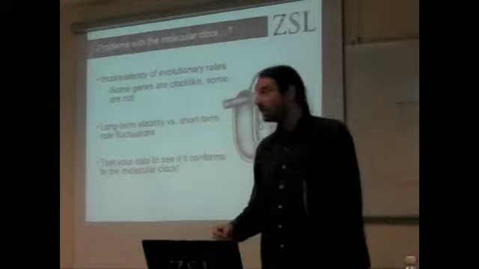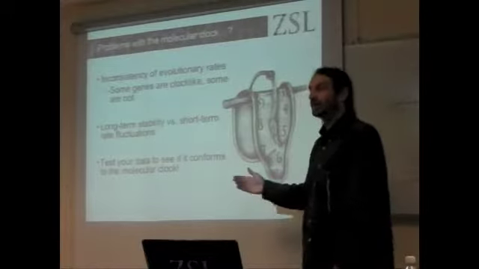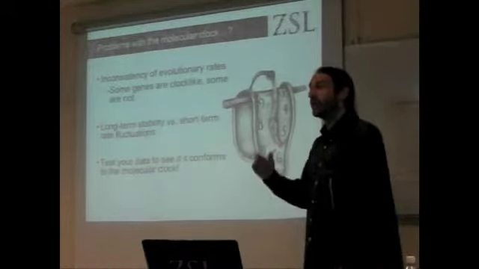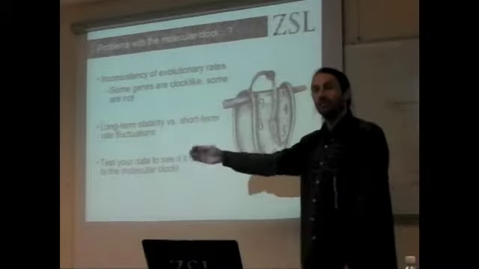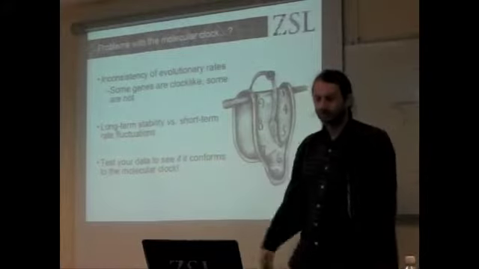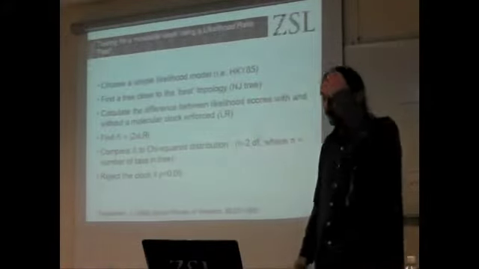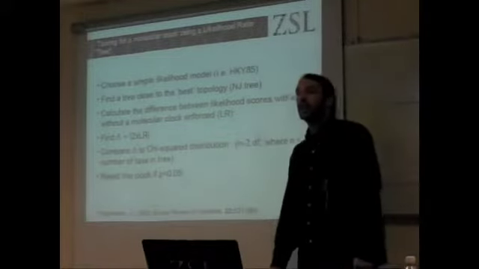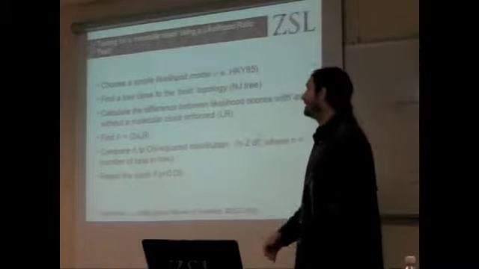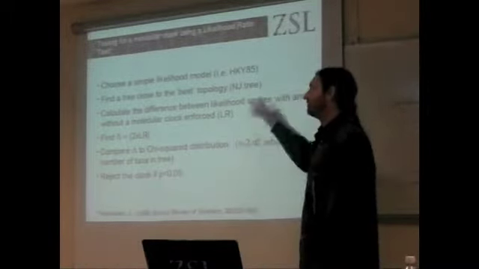Okay, so the first thing that we want to do when we're dating our phylogenies is to see whether our data conforms to this constant mutation rate, which we term the molecular clock. There's a standard methodology to test whether our molecular data conforms to a molecular clock, and this is really standard stuff.